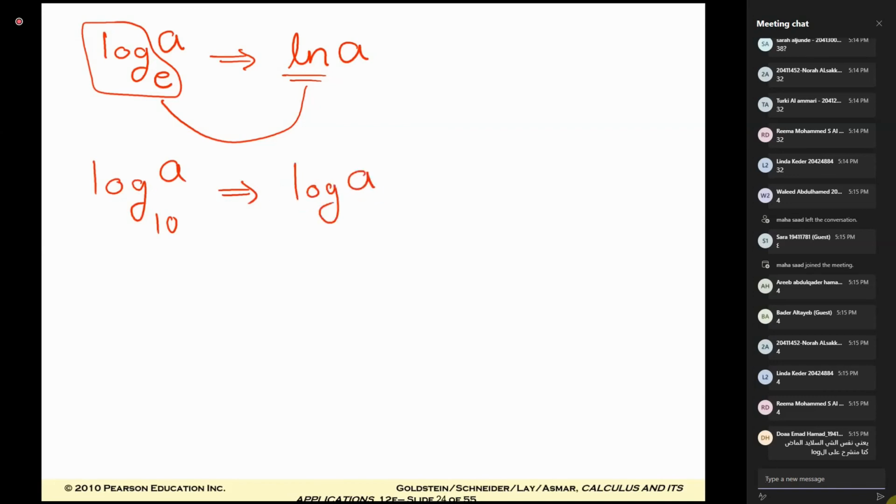Don't write the base. This is just for the logarithm with base 10. So we have two cases to simplify. If we have logarithm with base 10, write log. If we have logarithm with base e, write ln. Otherwise, we must write the base.